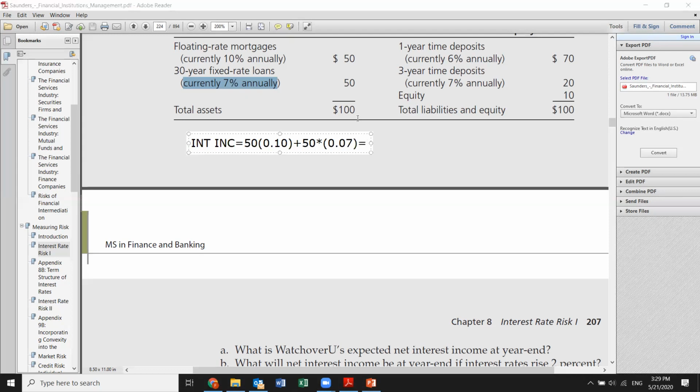This will give us the expected interest income. Calculating: 5 million here and 3.5, so 8.5 million.